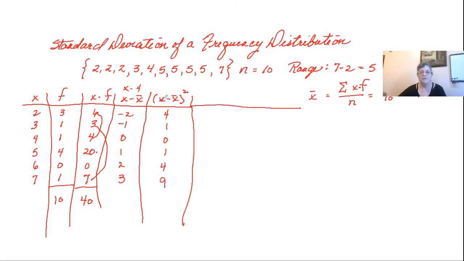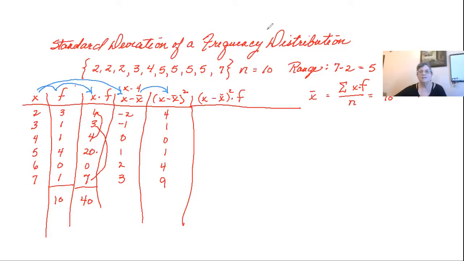Now I need to know how often this difference squared occurred. So I'm going to take the x minus x bar squared times the frequency, how often that happened. Let me mark this with a different color. This one was this times this, went there. This was this minus 4. This was just this one squared.